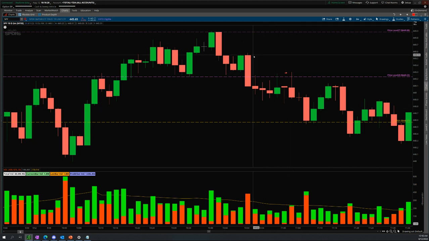Right, Todd? Todd, where would you have your stop loss in this trade? Right above that big red bar, the entry bar. Right here, right? Yeah, right where your cursor is. Yep, right there. So now you're risking 30 cents here to make a potential $1 to $2 move.